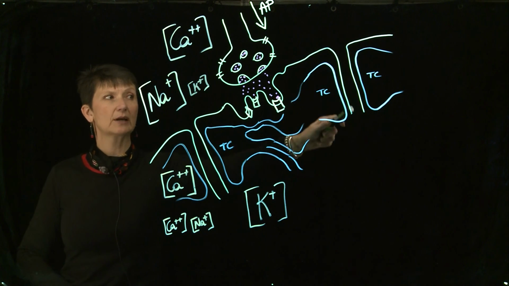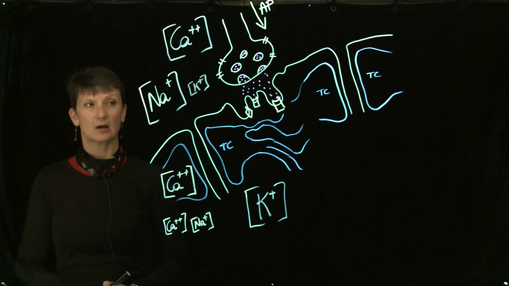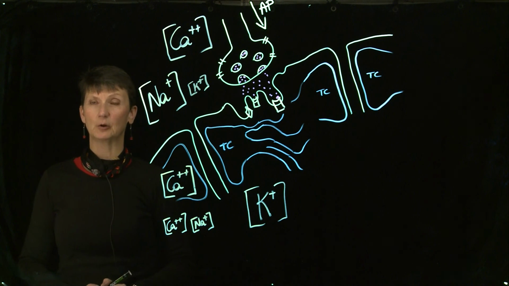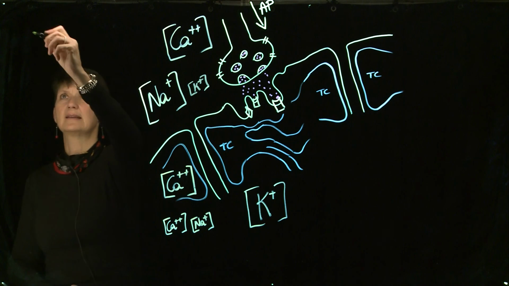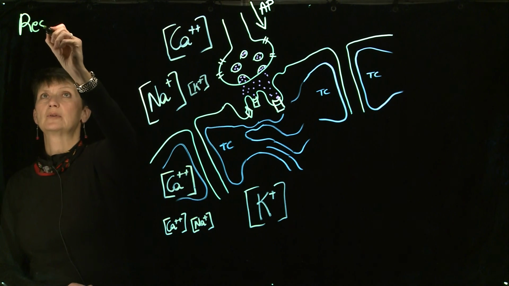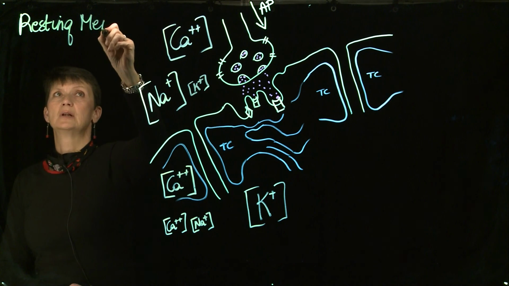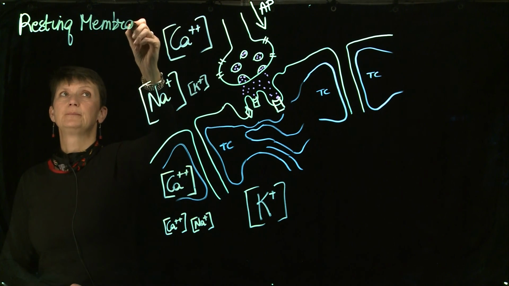I'm hoping that you recognize the different parts of the diagram that I presented to you in an earlier video. But let's, like I said, talk resting membrane potential, and I'll abbreviate resting membrane potential with RMP.